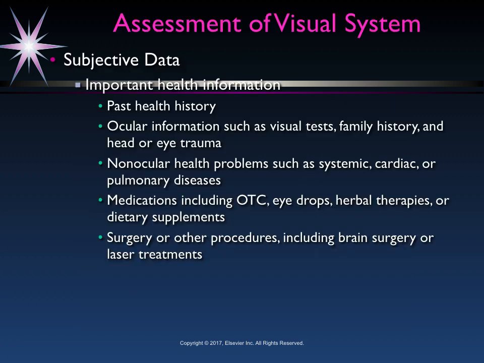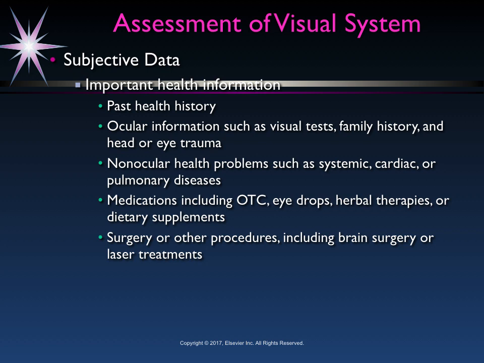When we assess visual field, we have to look at the history. We have to find out what's going on. So we want to look at past health history. When we do these assessments, it can be as simple as just doing visual acuity, or it may be more complex, especially if the person is having more complex visual problems.